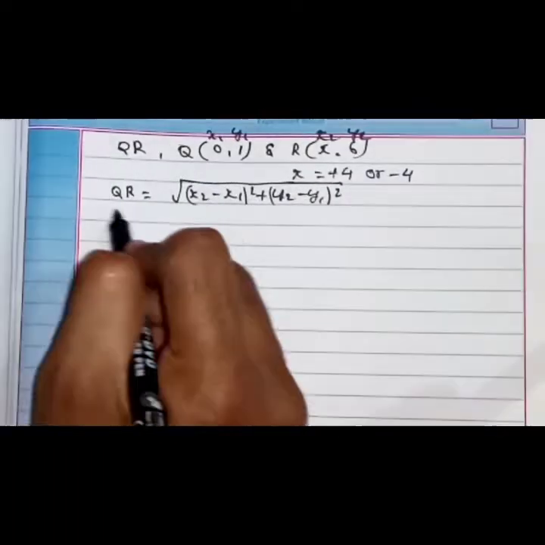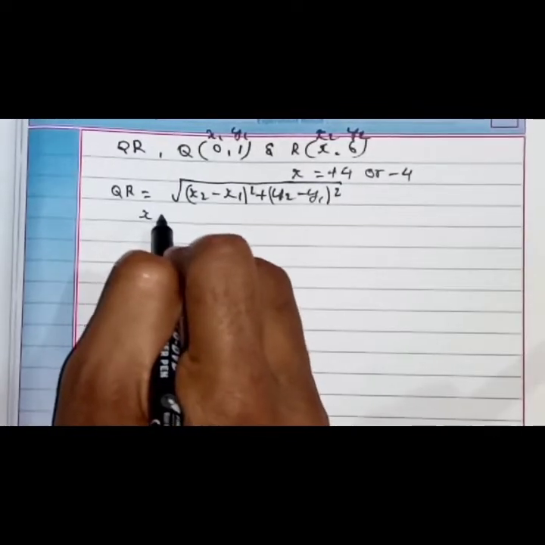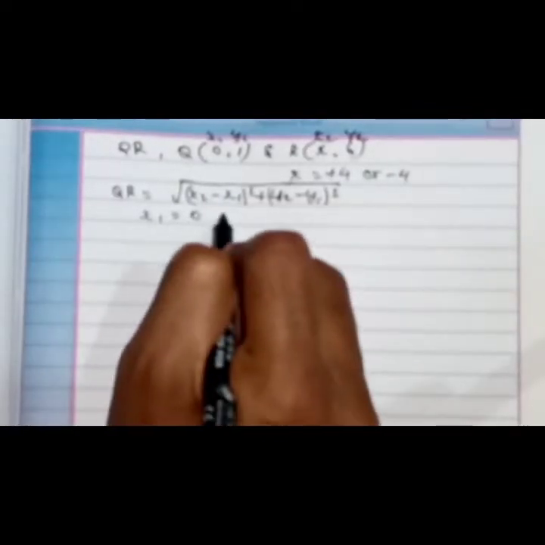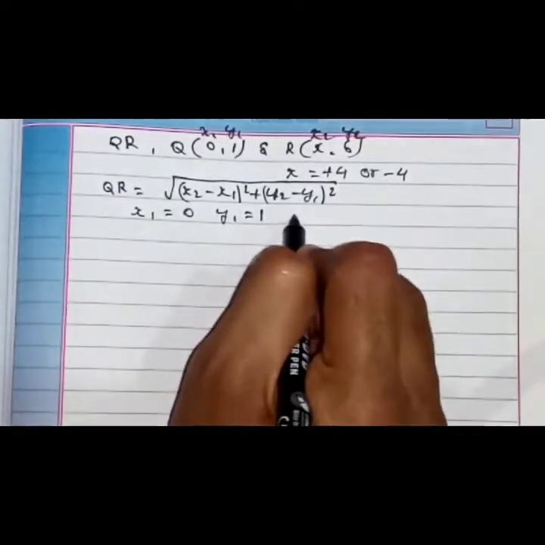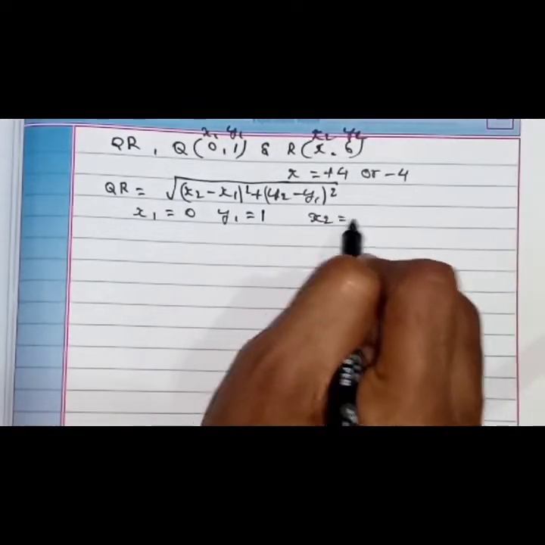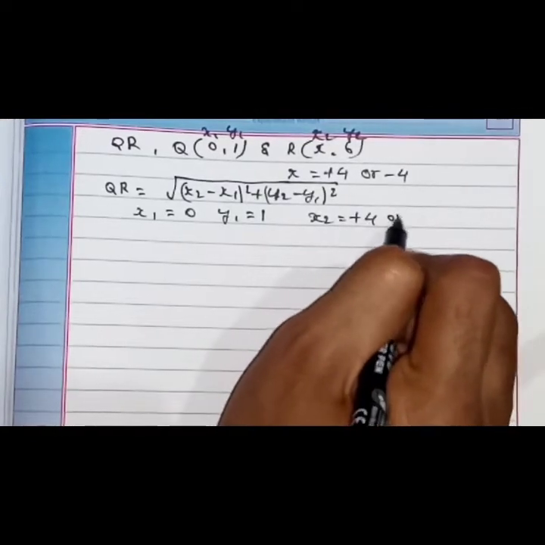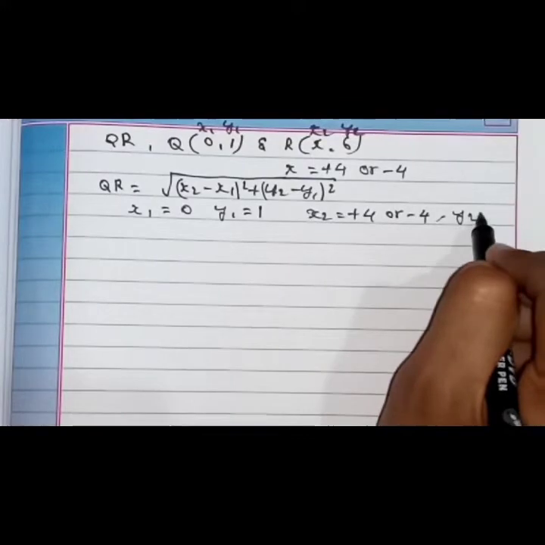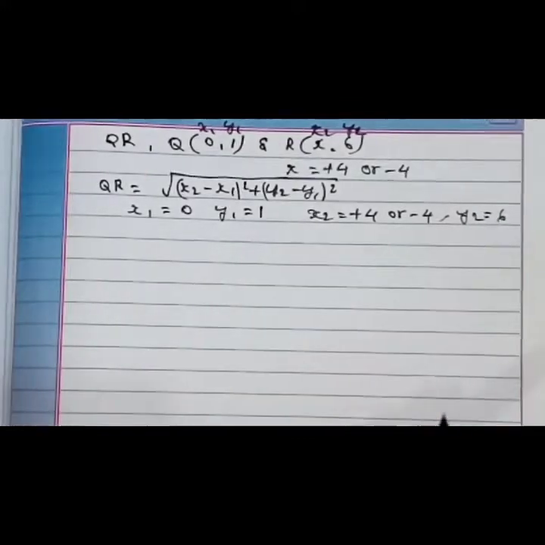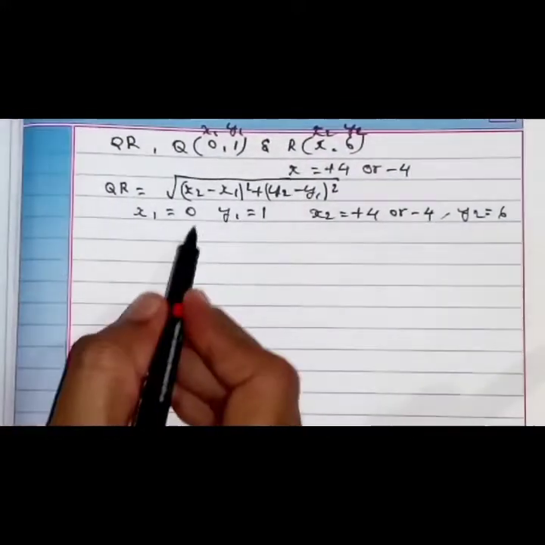I'll write the values once, children, here. So therefore x1 is equal to 0, y1 is equal to 1, and here x2 is either plus 4 or minus 4, and y2 is 6. Right?